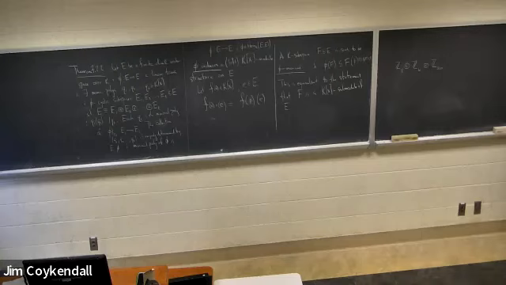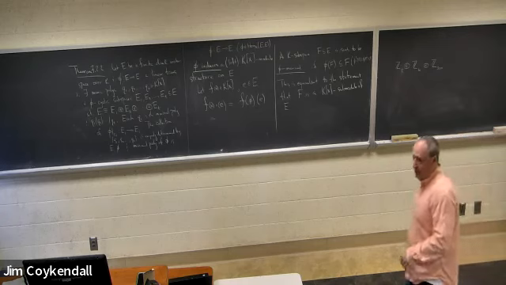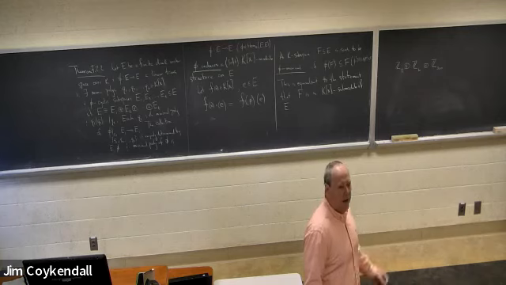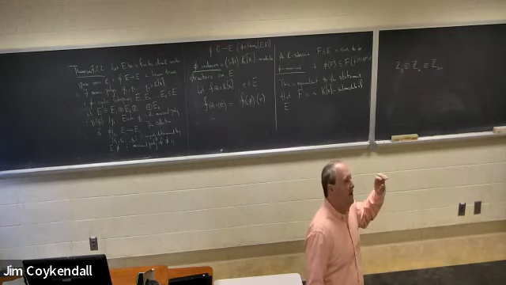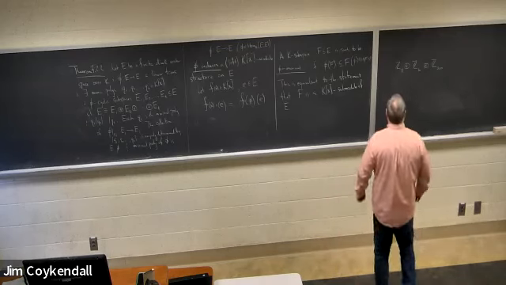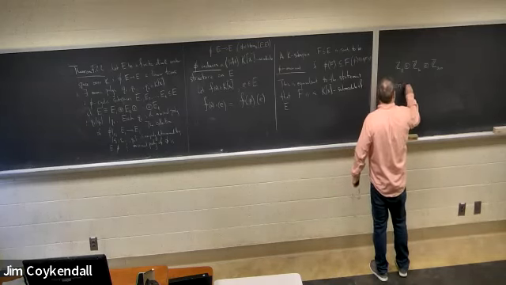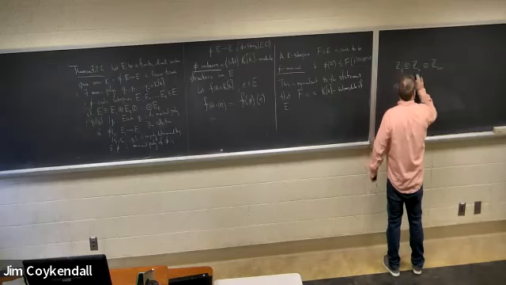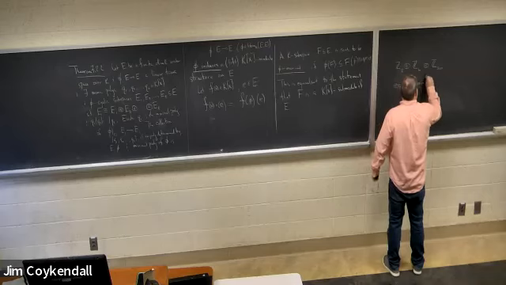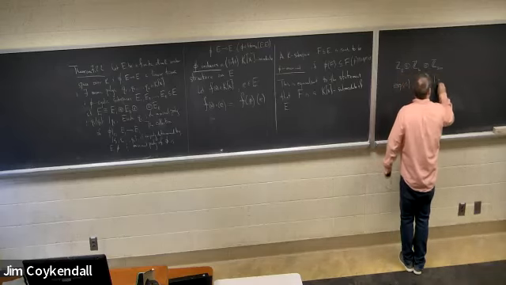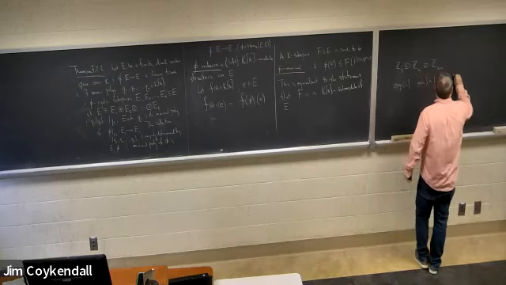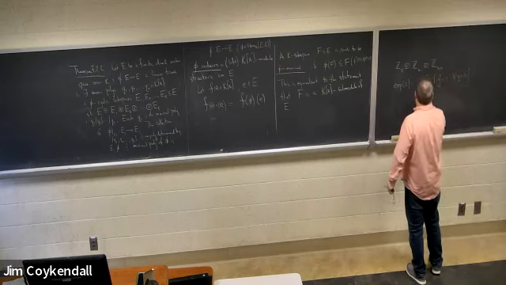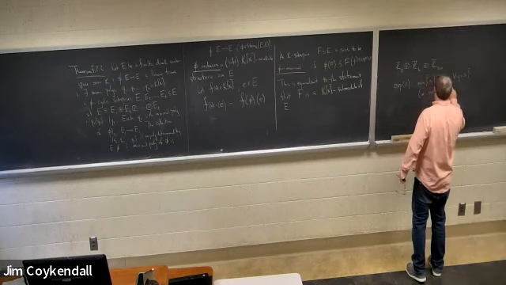The exponent, if it exists, which it certainly will for a finite group, is the smallest positive integer n such that g to the n is the identity for all g in G, or infinity if no such thing exists.